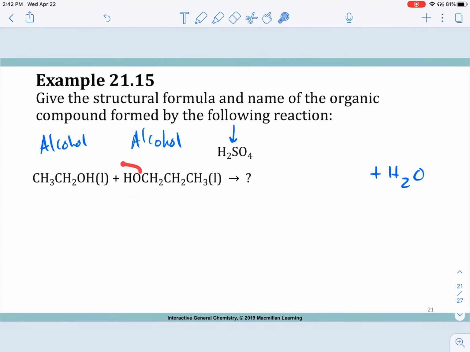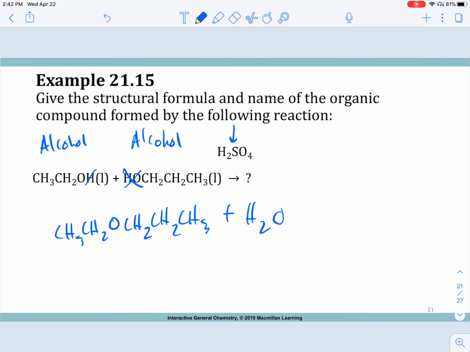We're going to lose a molecule of water and then make a new bond between that oxygen and that carbon. So to write that out, O, and then this is going to go away, and we just write out what we have left, plus H2O.